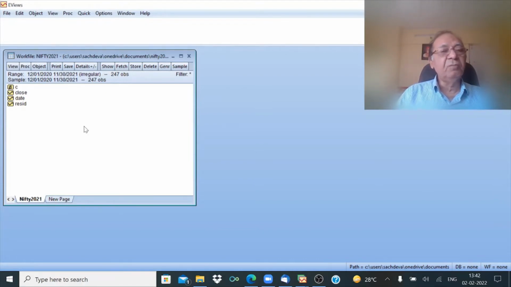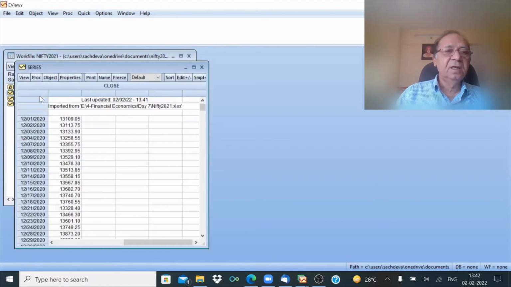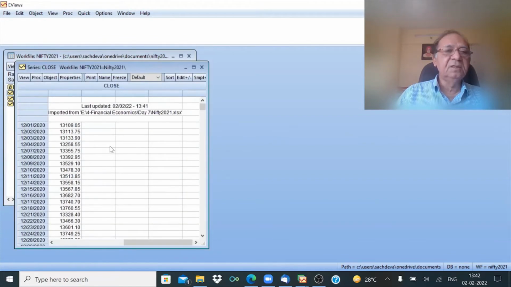P means how many autoregressive lagged variables there will be, and q means how many moving averages there will be. Let us first open this file and see the closing prices.